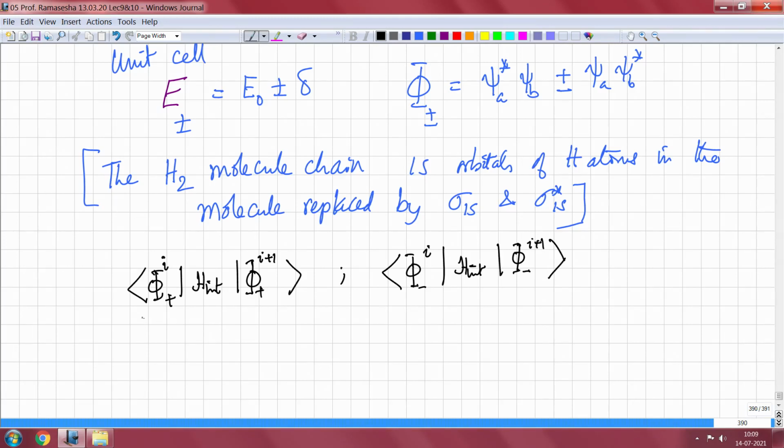So you will get an effective transfer integral for excitation transfer, just as with the sigma 1s and sigma star 1s bands that we had. Let me call this T plus, and here it will be T minus.